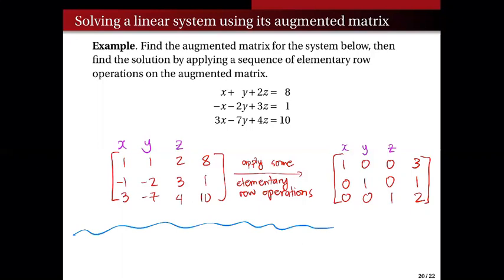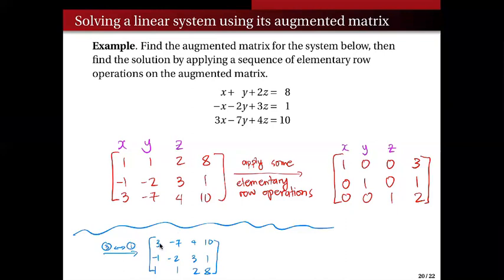So row 3 interchanged with row 1, we will end up with something like this: 3, -7, 4, 10. And then -1, -2, 3, 1. And then 1, 1, 2, 8. So this was step 2.